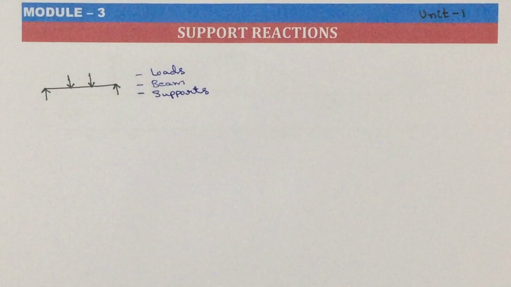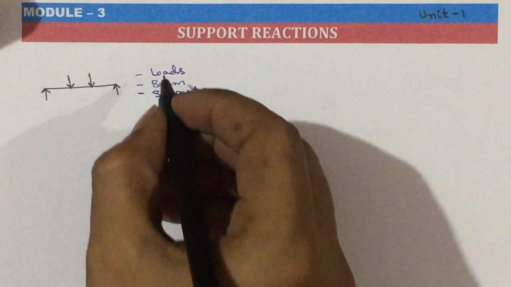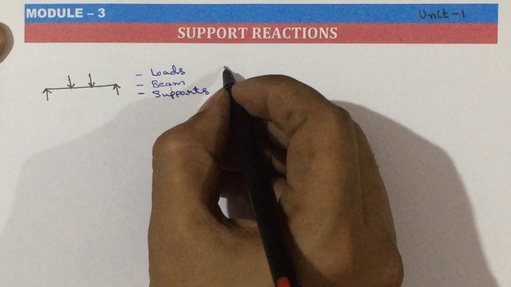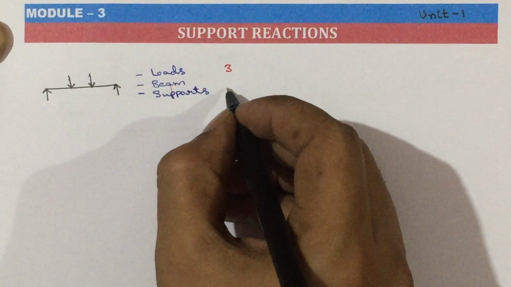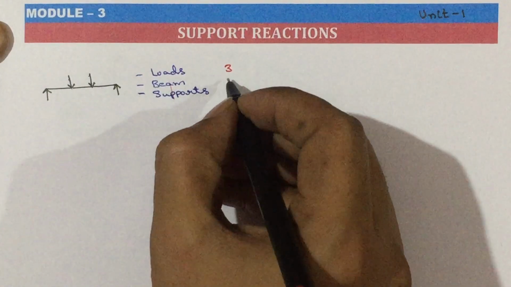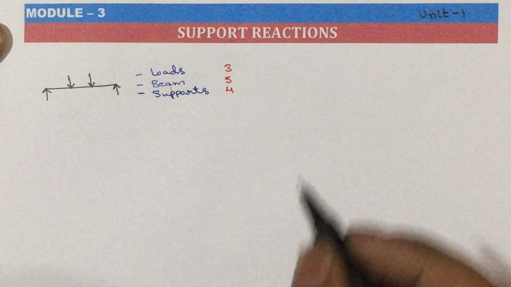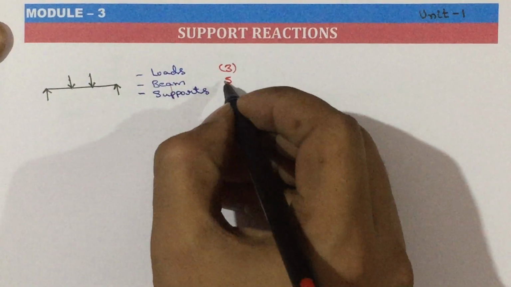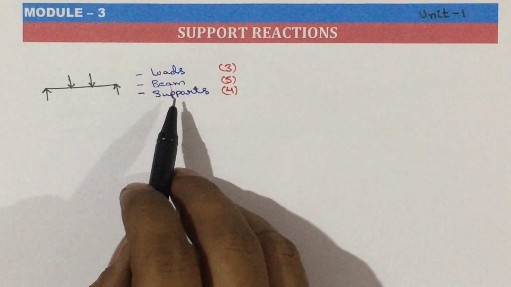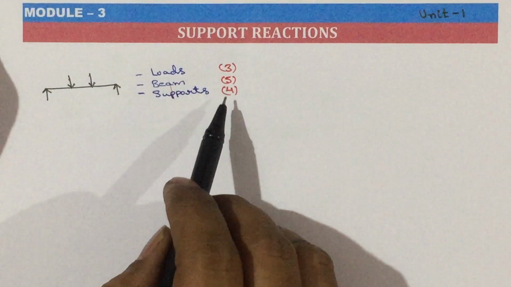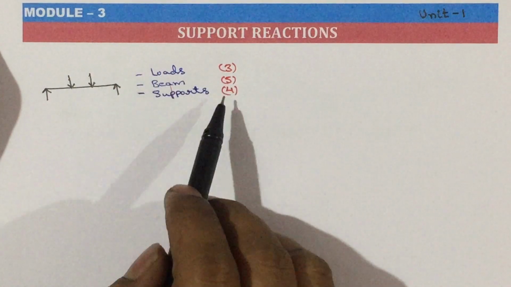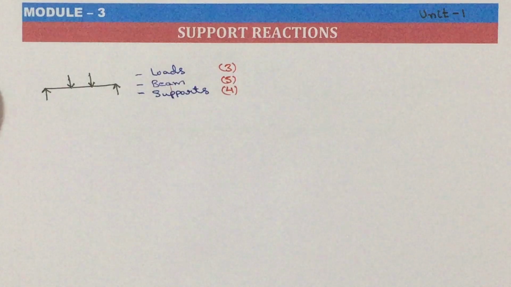If we come to the classification of these things, there are three types of loads, 4 types of supports, and 5 types of beams. It's a 3-4-5 classification: 3 loads, 4 supports, and 5 beams.